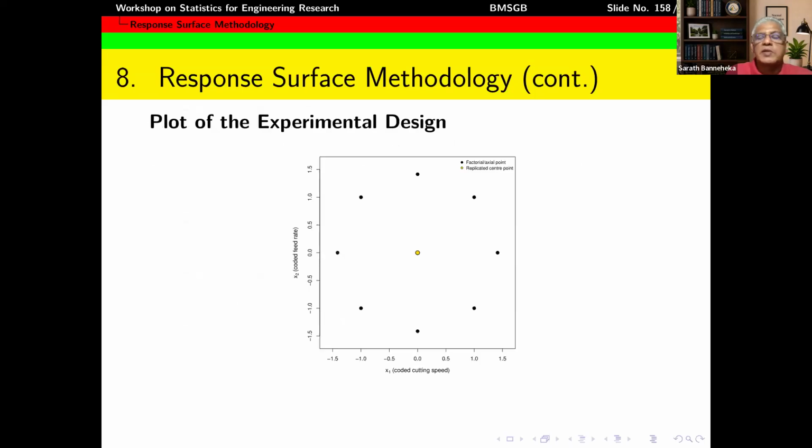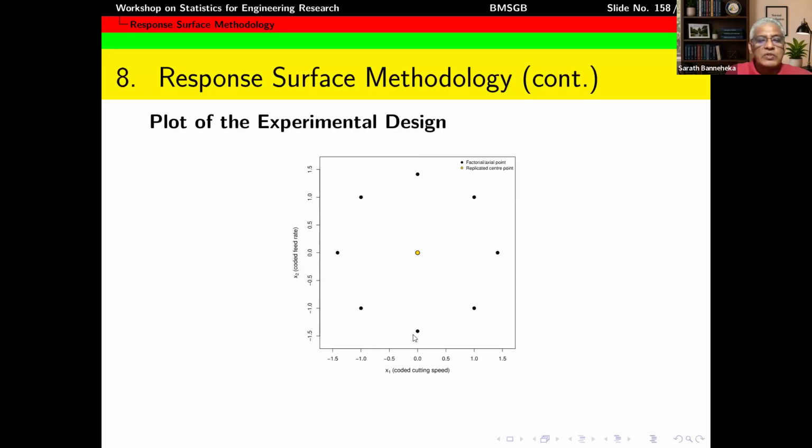So therefore, we can show this experimental design with respect to x1 and x2 in a picture like this, right? So if you consider x1 coordinates on this axis and x2, simple x1 and simple x2. So this is the center. And then we have all the other experimental conditions, right?